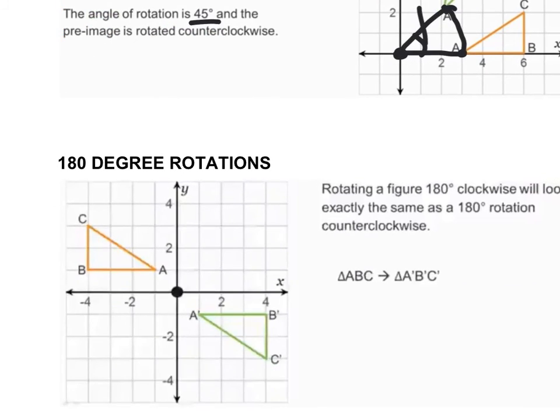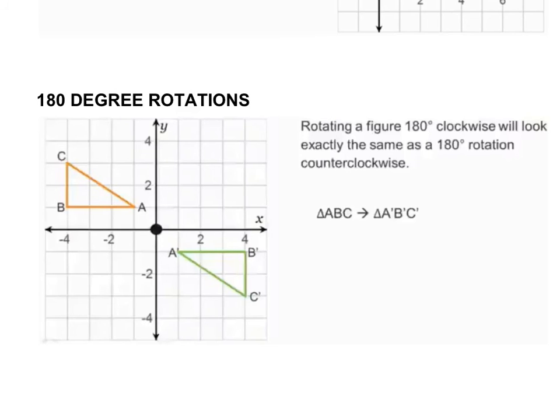Okay, so 180-degree rotations, whether I do a 180-degree rotation either clockwise or counterclockwise isn't going to matter, all right? So if I go from, say, point C to C prime, I can go clockwise or counterclockwise and go in the positive direction, all right?